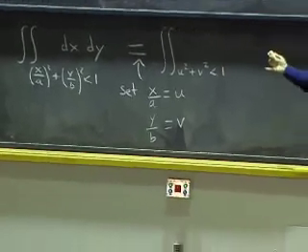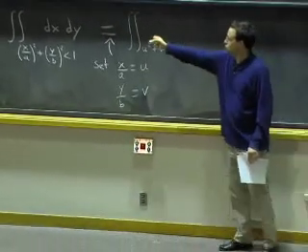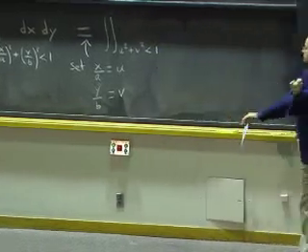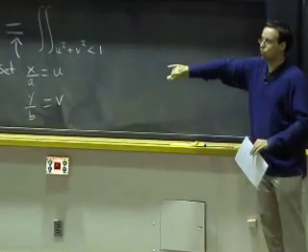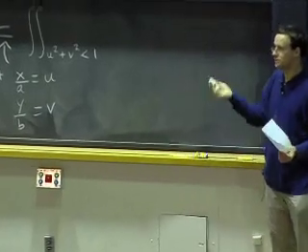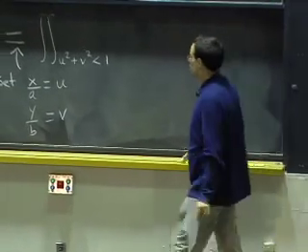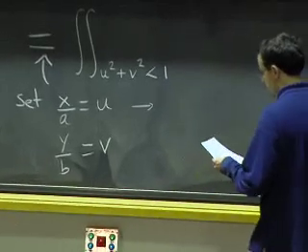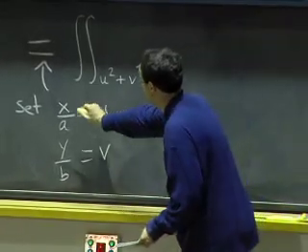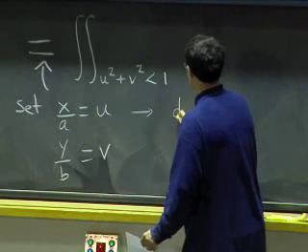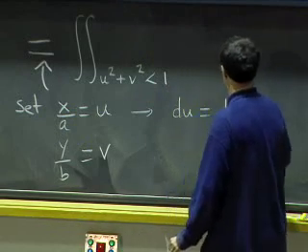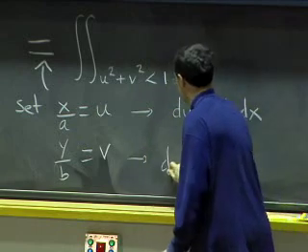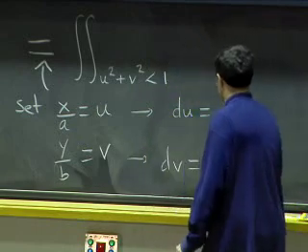That's why we're doing it. But we need to know what to do with dx and dy. Well, here the answer is pretty easy because we just change x and y separately. We do two independent substitutions. So if we set u equals x over a, that means du is 1 over a dx. And here, dv is 1 over b dy.